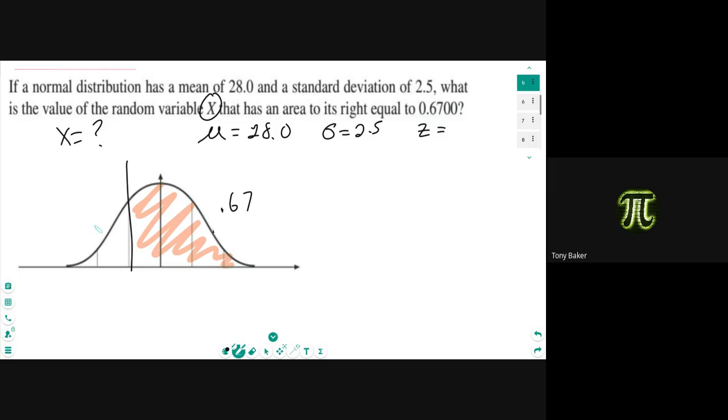So what number is over here? So how much is left if I have 0.67 on this side of the line? The whole graph has to equal what? 1. So it's 1 minus 0.67. 0.33. So that's the number I'm going to look for in my table.